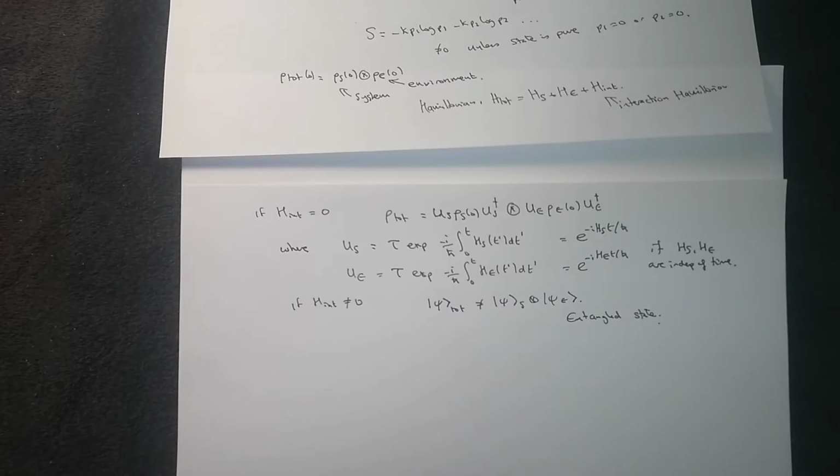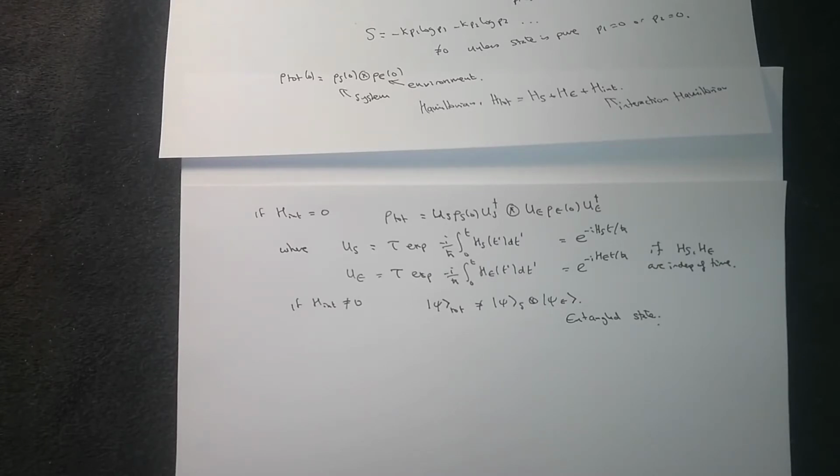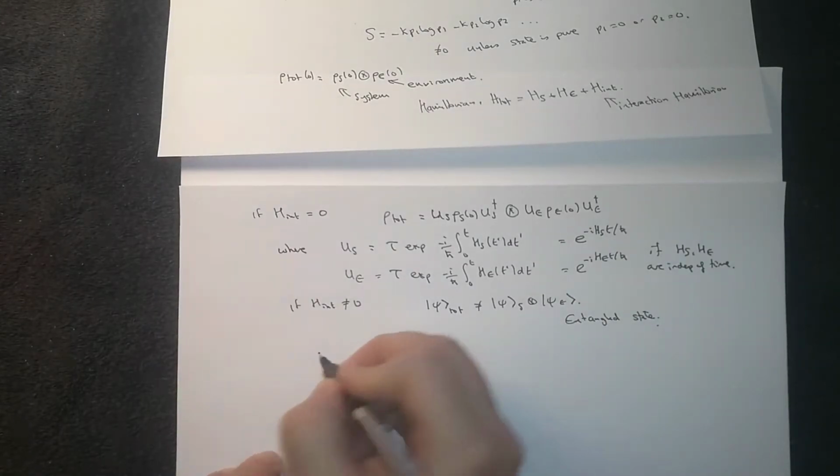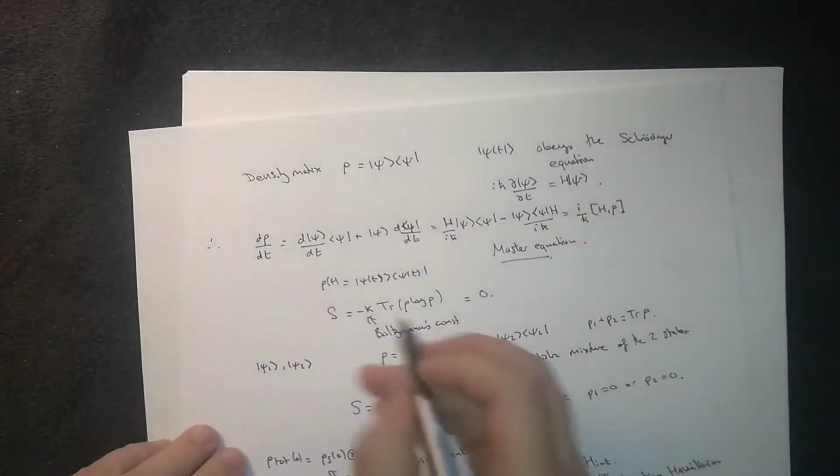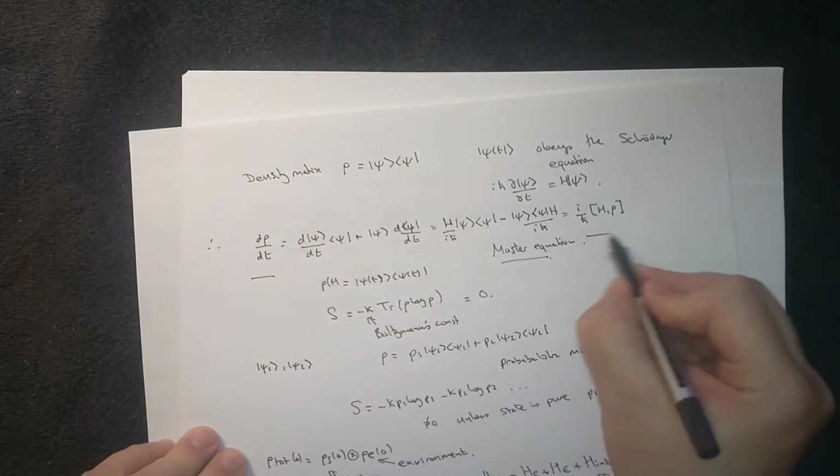Now let's ask the question, what does the evolution of the system look like if we do not have access to the quantum state of the environment? We can derive this by taking the partial trace over the degrees of freedom in the environment. This leads to a new evolution equation for the density matrix of the system. What we find is that the master equation, which is this equation here, is modified.